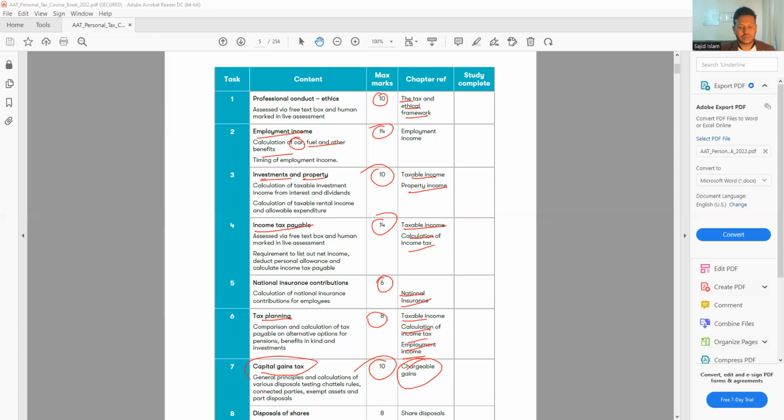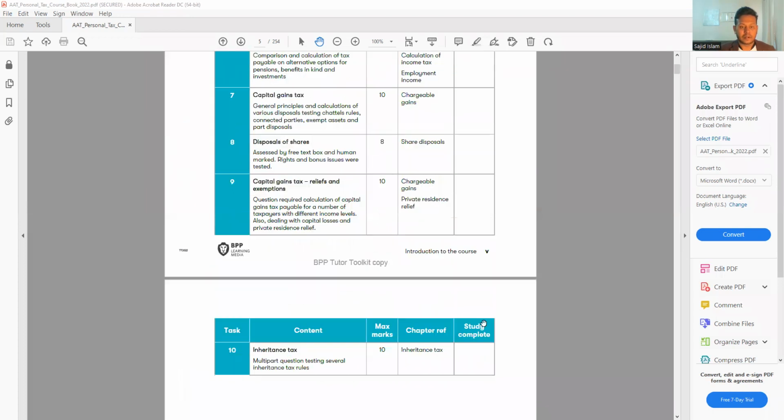And the next 3 questions we're going to see are basically from the disposal of shares. Disposal means sell. So if you dispose of some shares, what will happen? As I said, in the secondary market, anyone can buy or sell shares.